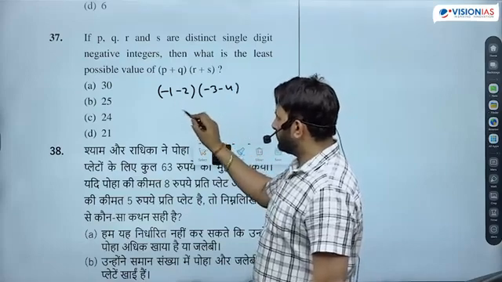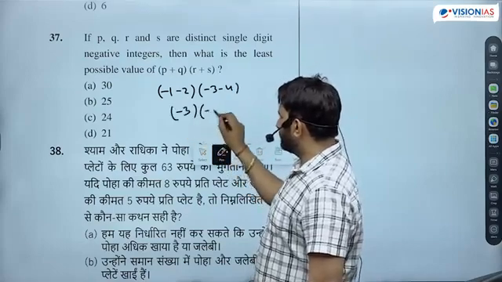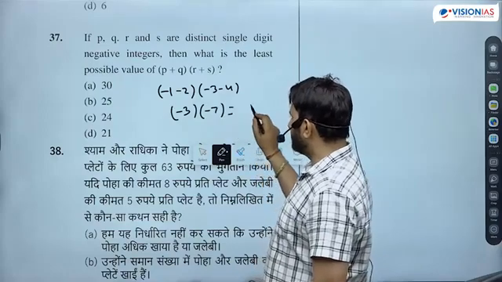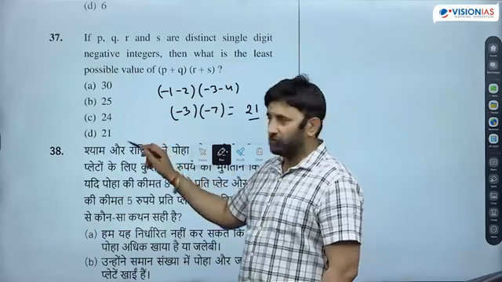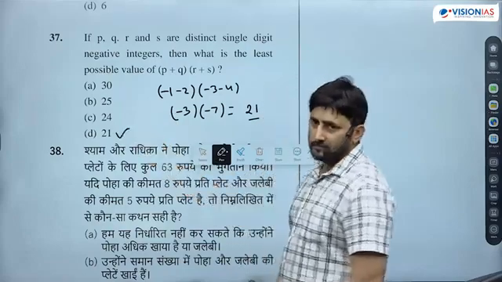So this is coming out to be -3 into -7. Answer will be positive. That will be 21. So minimum sum. Out of the given options also this is the minimum. That's it.